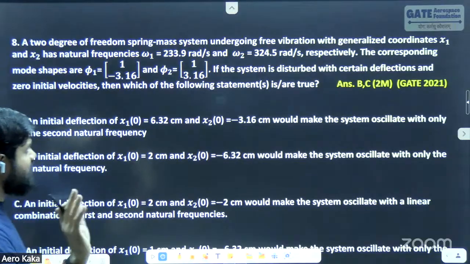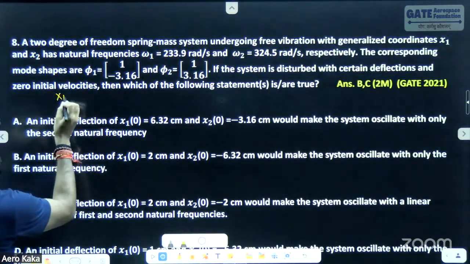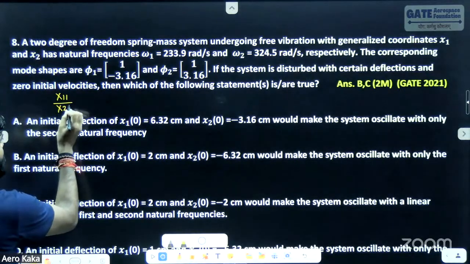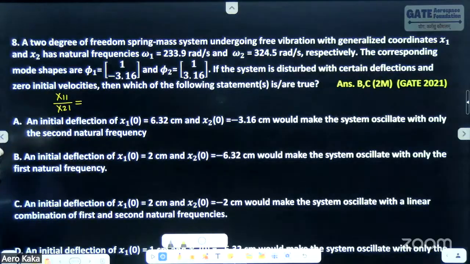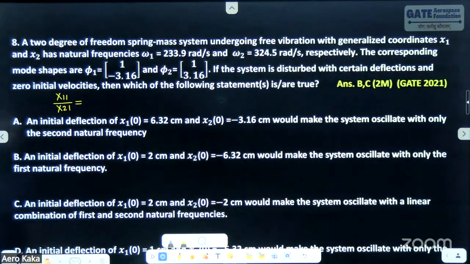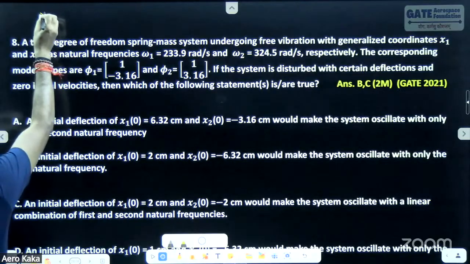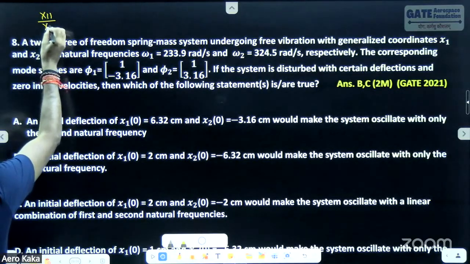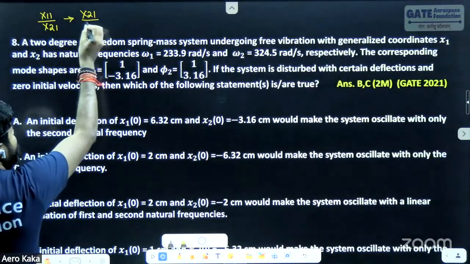So your first step should be to calculate x11 upon x21. This is the first mode ratio. What is it going to be? Please remember, either I can write in this fashion, or I can also write it in this fashion.